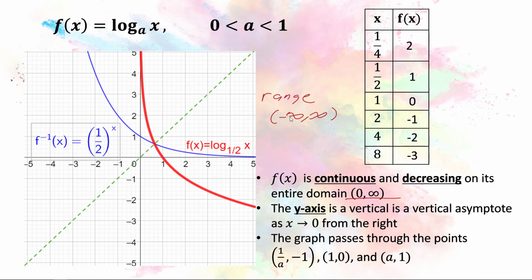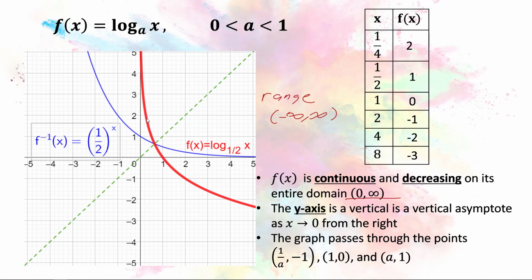The only difference is that they are decreasing. Now, I plotted this with its inverse, which is basically 1/2 raised to the x power. And one of the things that you will notice is that they intersect, which is kind of interesting. And they intersect when they're both equal to each other. But they are also still symmetric about y equals x, even though they have this intersection thing going on.